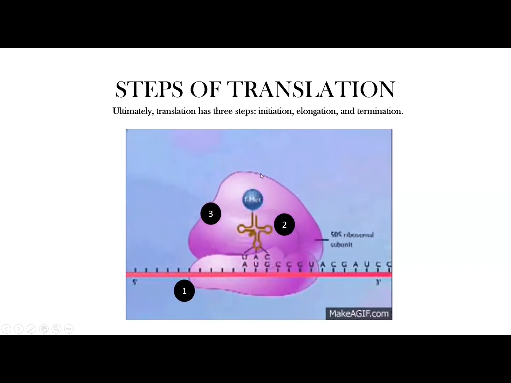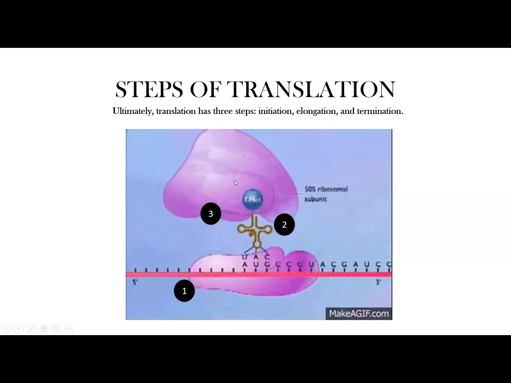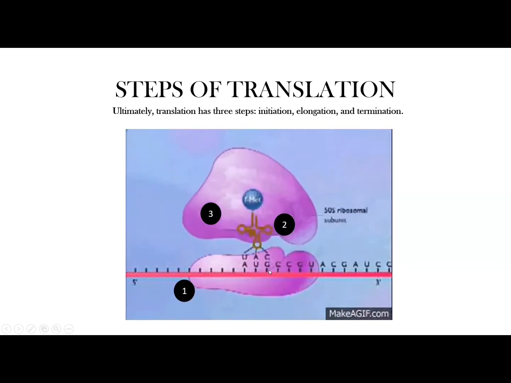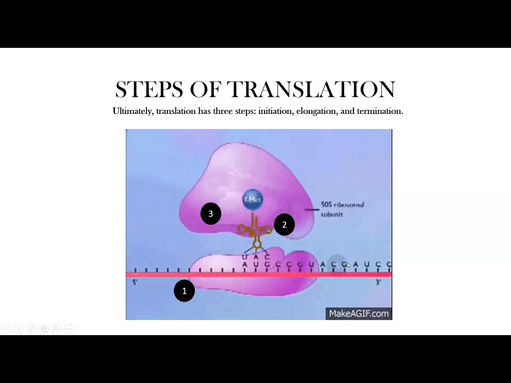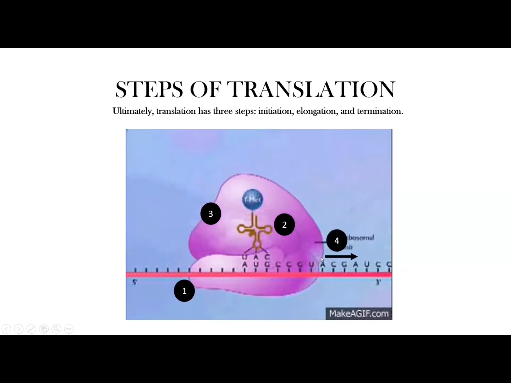The third step is the large subunit of the ribosome eventually attaching to the small subunit. It will hold the mRNA in place, and only then can translation begin.